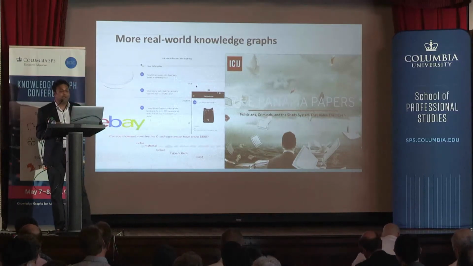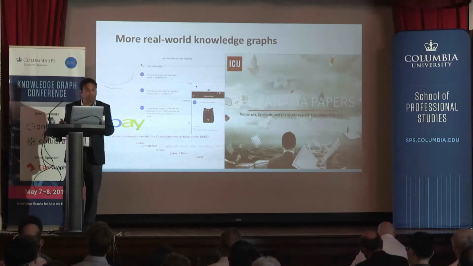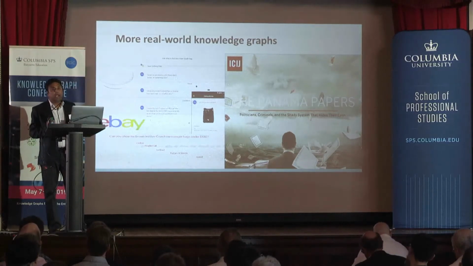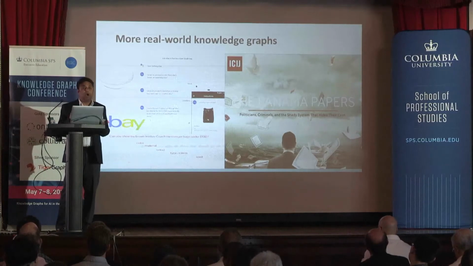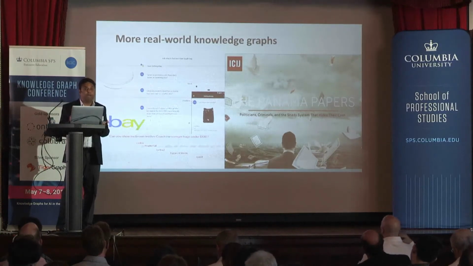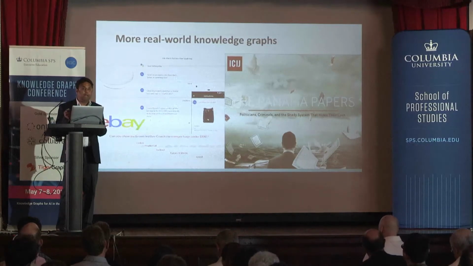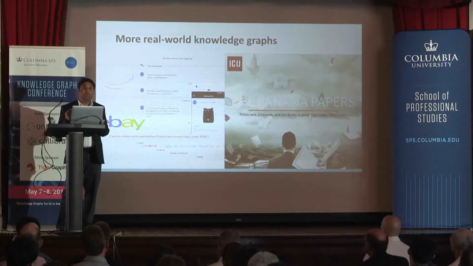On the right-hand side is the Panama Papers. I think a lot of you would be familiar with that. This was a large leak of more than 11 million documents from a law firm in Panama. And these documents were then ingested into Neo4j.